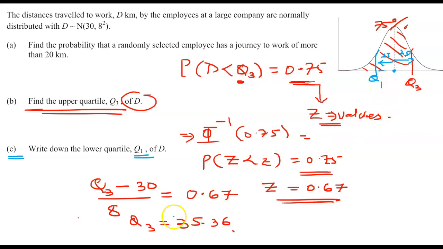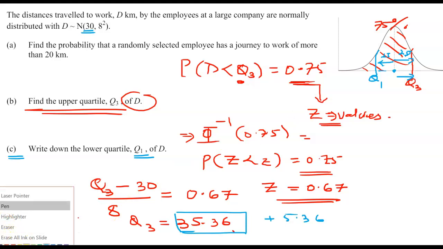If our value of Q3 is 35.36, how far is it from the mean, which is 30? It is only 5.36 above, so this distance is 5.36. Therefore, for our lower quartile, we don't need to do any calculation. All we need to do is go 5.36 below the mean.